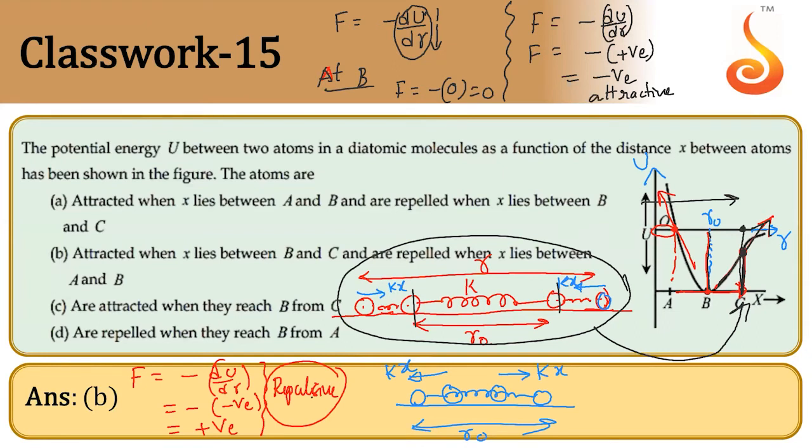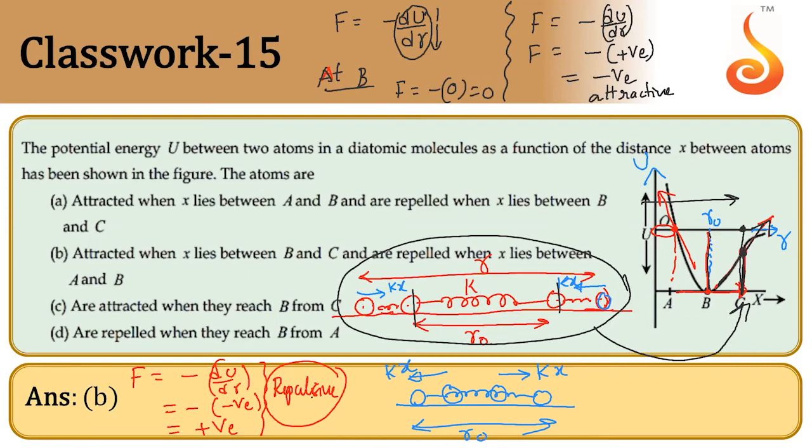Any two adjacent atoms, or all the atoms in a solid, behave as if springs were connected between them. So there will be a mean separation between any two adjacent atoms. If you increase that separation, there will be an attractive force, so they'll try to come back to their original position on their own.